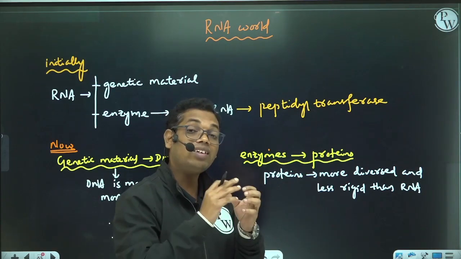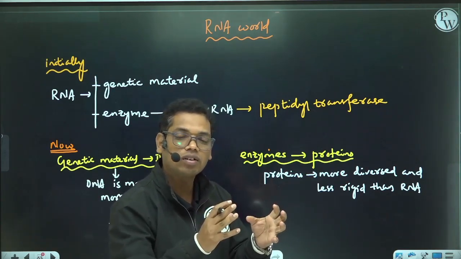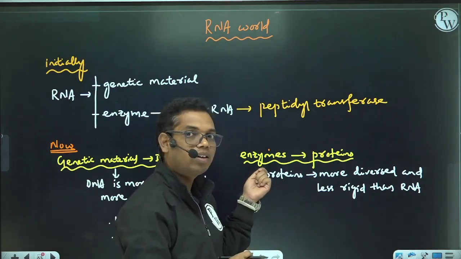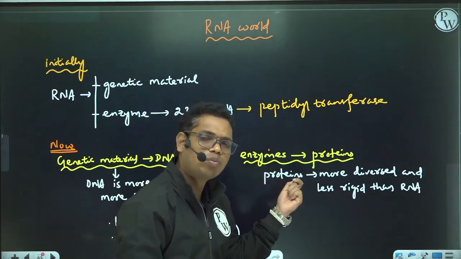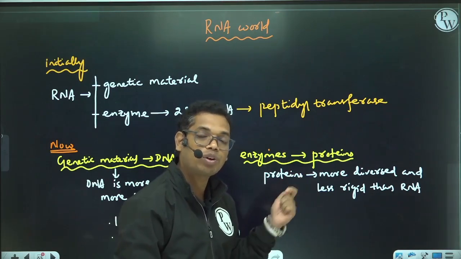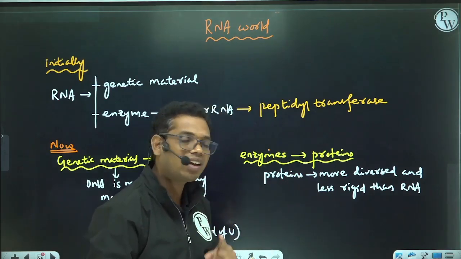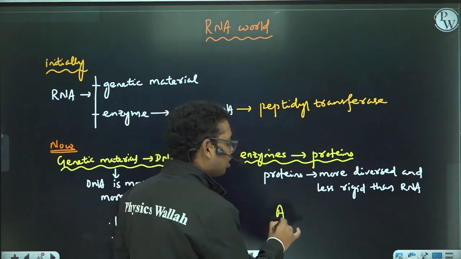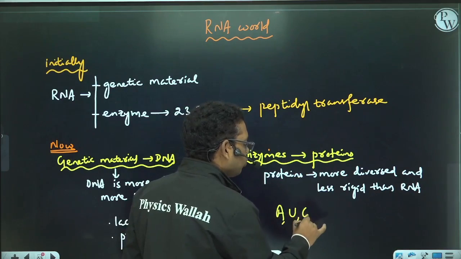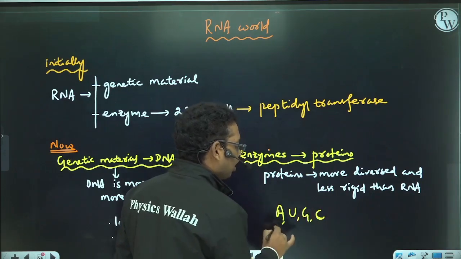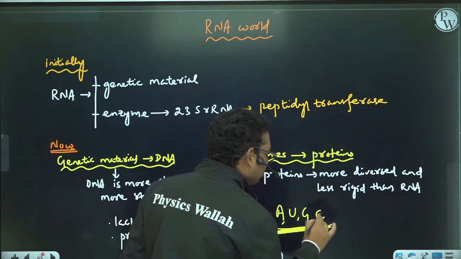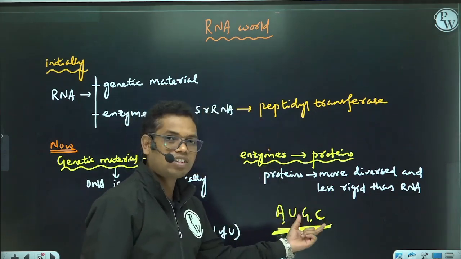That means the enzymes should be diverse. So if I compare the diversity between RNA and protein, which is more diverse? It is the protein. Why? Because in RNA, the diversity is due to the nucleotides, and the nucleotides are of 4 types: A, U, G, C. So the diversity in the RNA is due to the sequence of these 4 nucleotides.